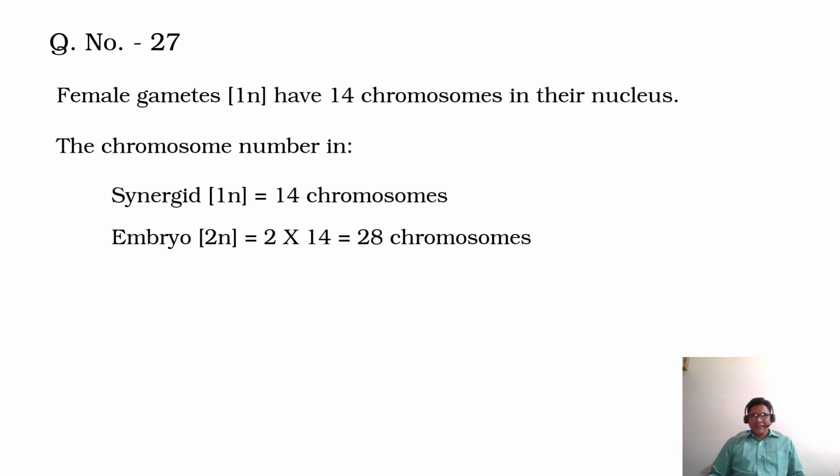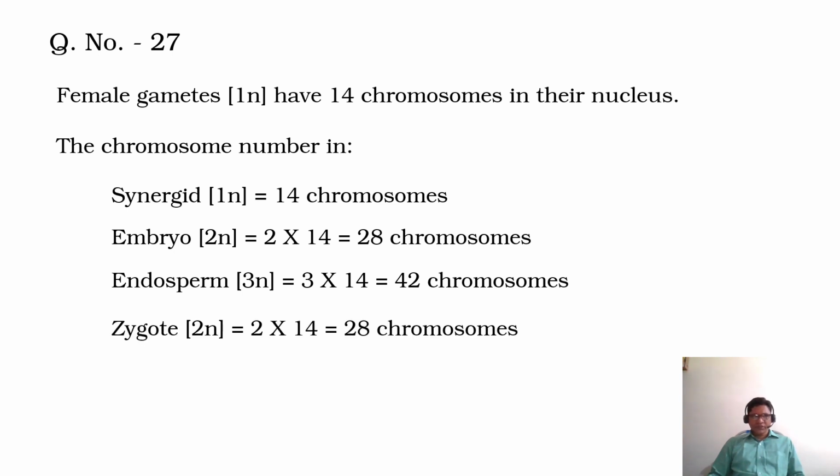Embryo is in diploid condition. That means 2n. 1n is 14, so 2n is 2 into 14, 28 chromosomes. Endosperm is in triploid condition. So 3 into 14, 42 chromosomes.